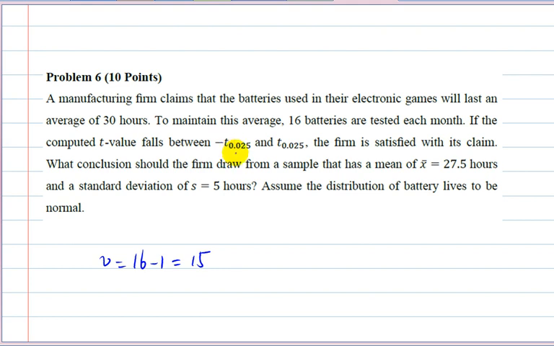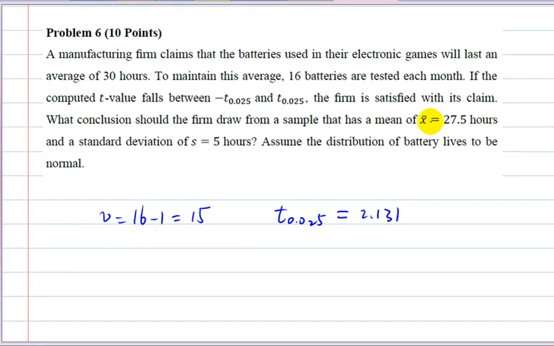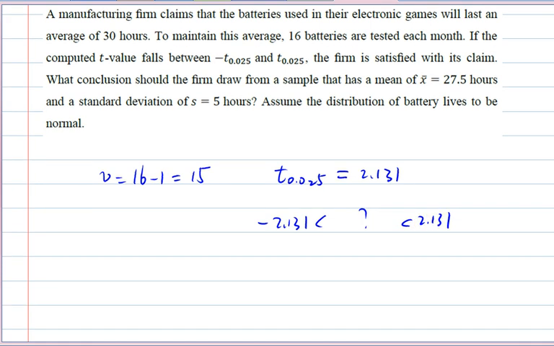Since your standard is between these two t values, you need to look for the t value corresponding to this degree of freedom with alpha value 0.025. You can find that as 2.131, and the negative of that is negative 2.131. Then you calculate the t value corresponding to the sample and see if it falls into this range.